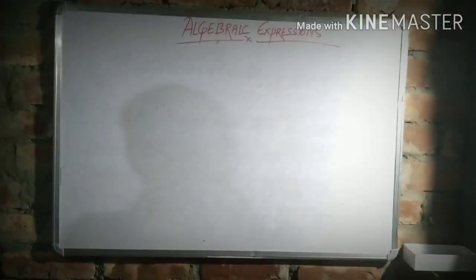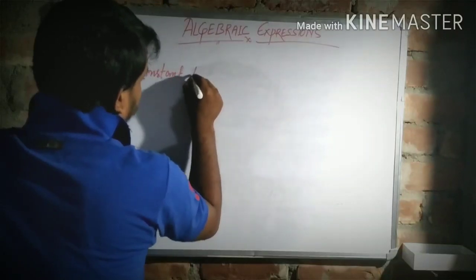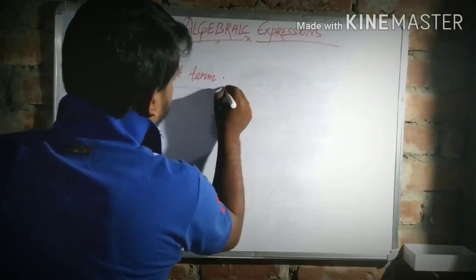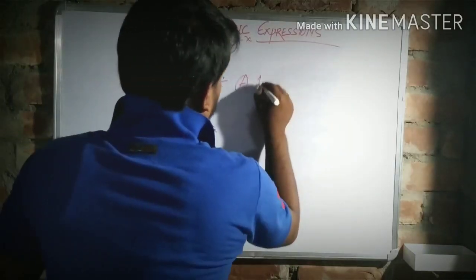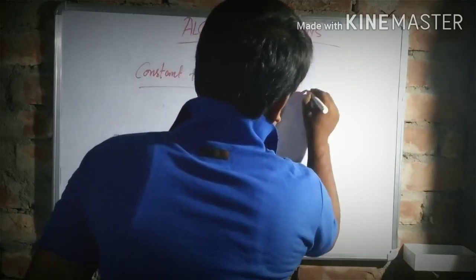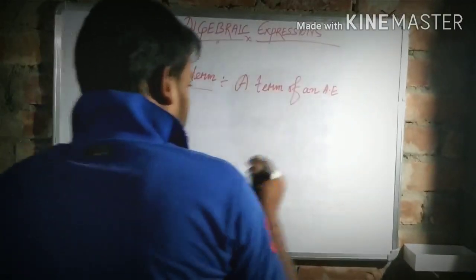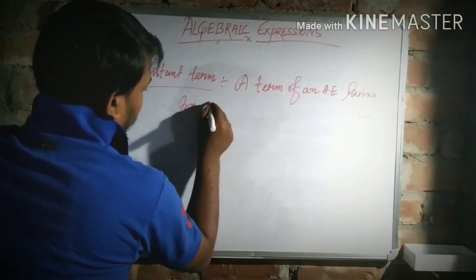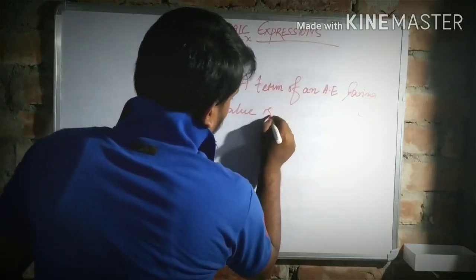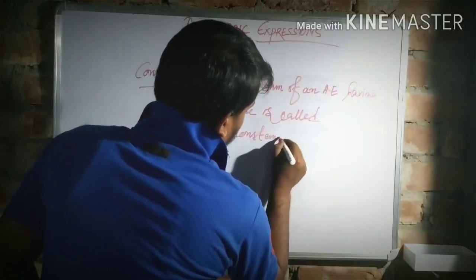Now one thing, the constant term. A term of an algebraic expression which is a constant value, or having a fixed value, is called a constant term.